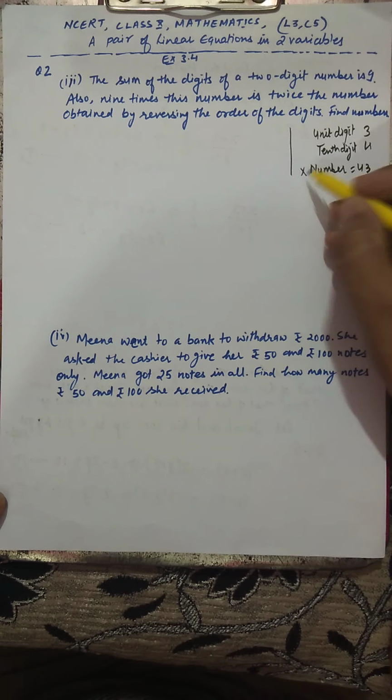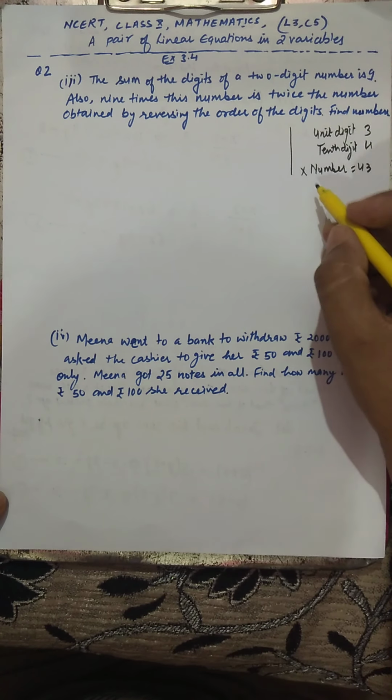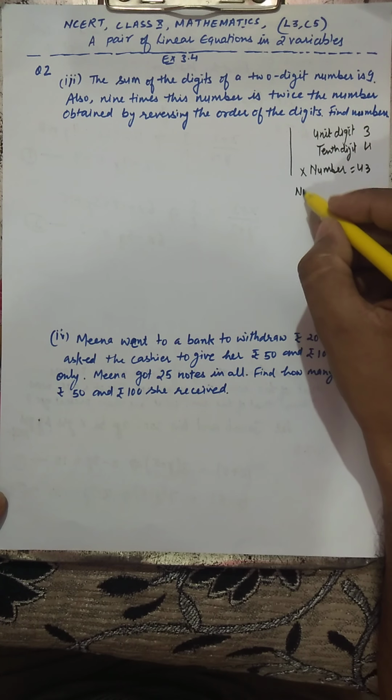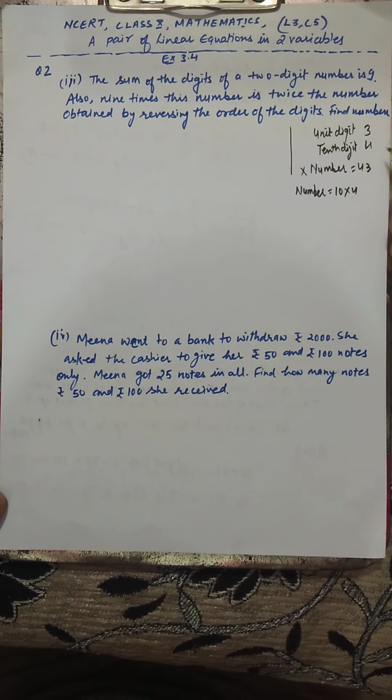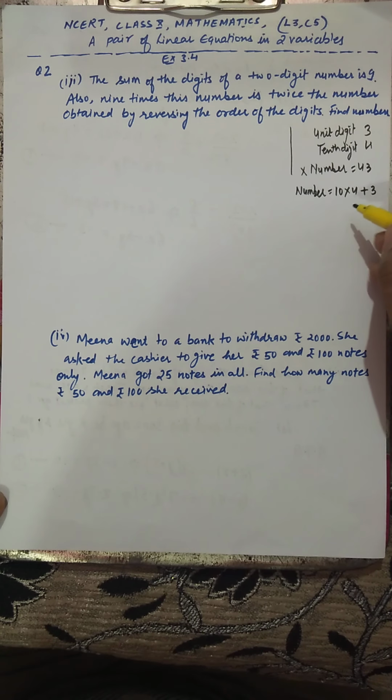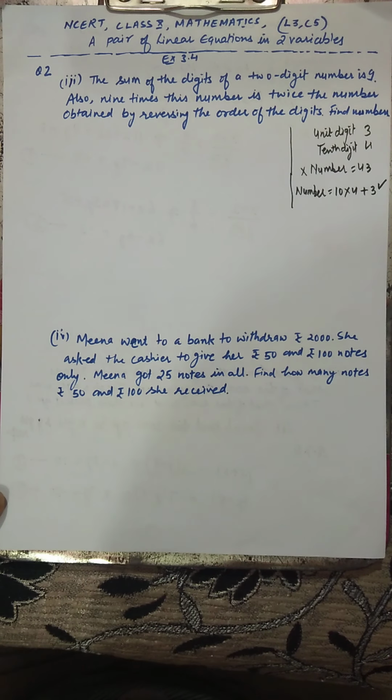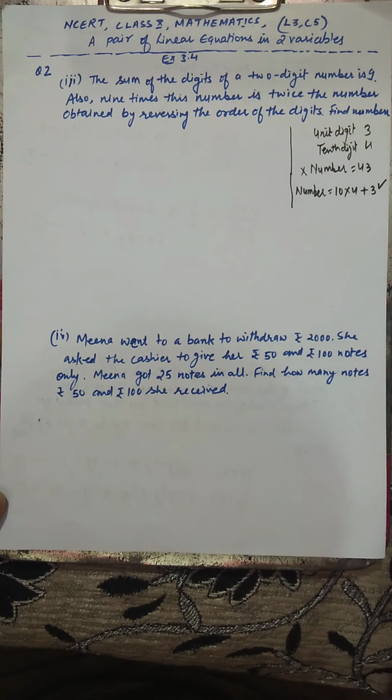This is the wrong way. The number is actually written as 10 into 4, you multiply the tens digit by 10, plus 3, the unit digit. This is the correct way of finding the number, and we are going to utilize this here.